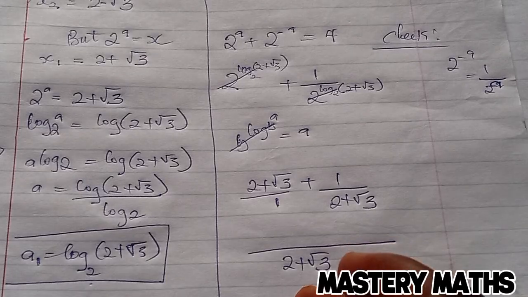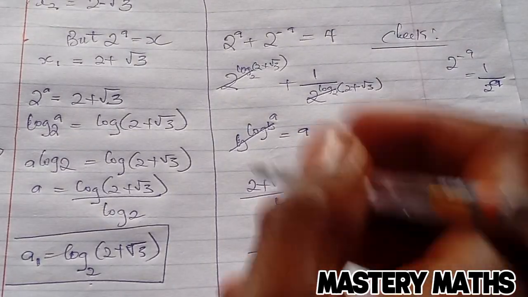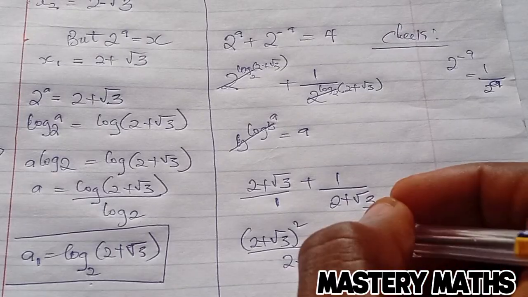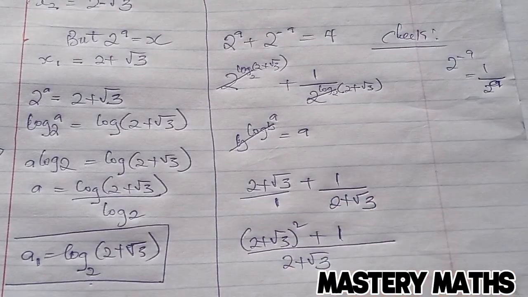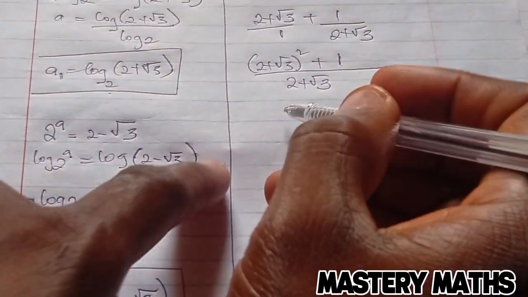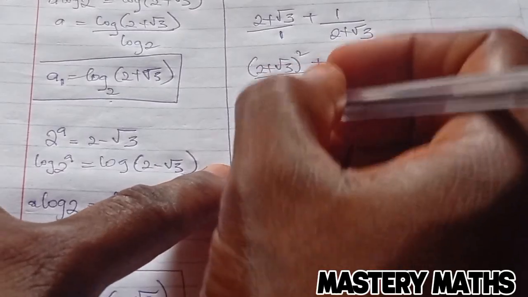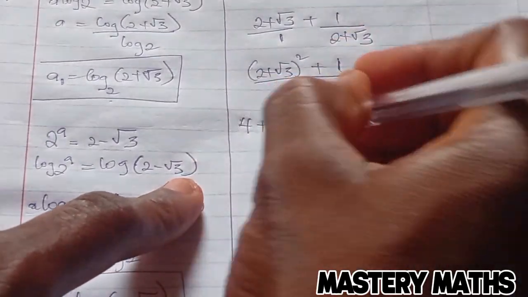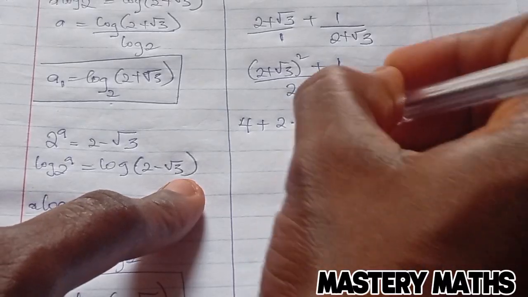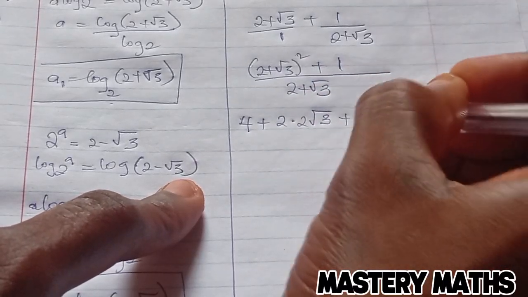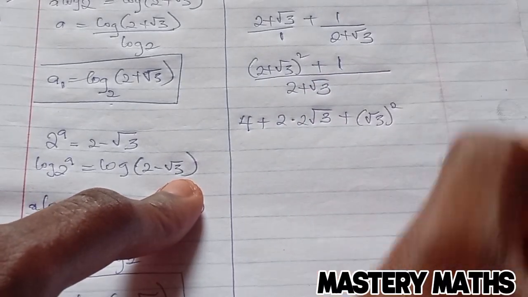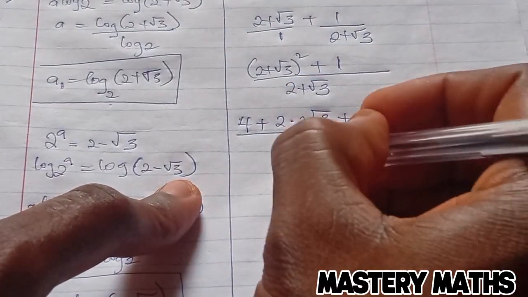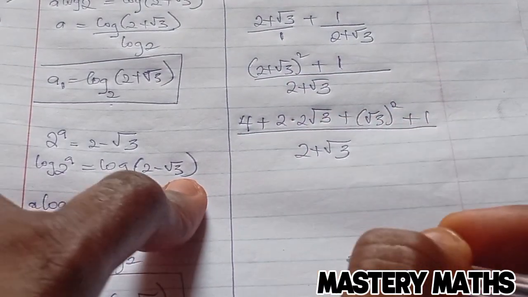Now 2 plus root 3 into 1 is the same thing as this times this, which will give us 2 plus root 3 squared, plus the 1. To expand this, it becomes 4 plus 2 times 2 root 3 plus root 3 raised to the power of 2, plus 1, all over 2 plus root 3.